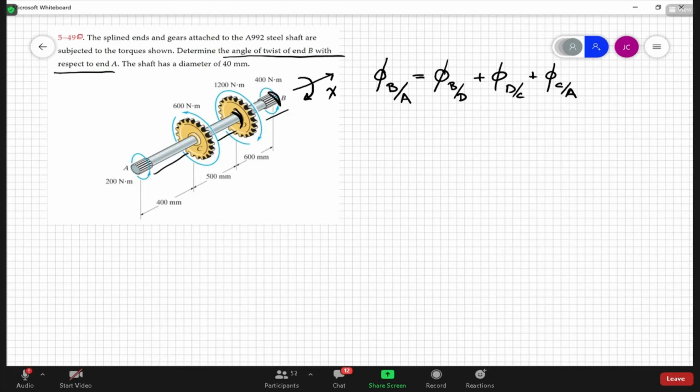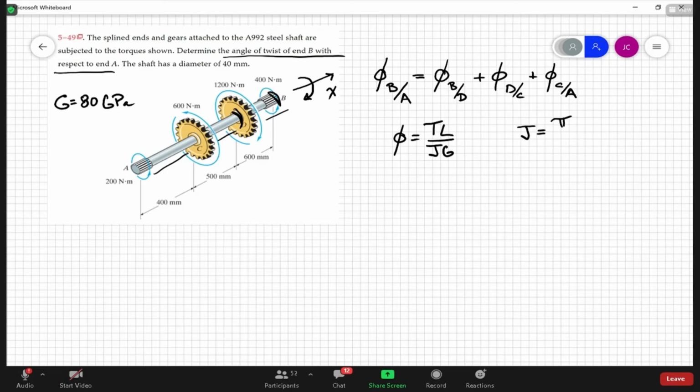All right, so for each one of these, the angle of twist is TL over JG. And this is steel again, so G is still the 80 gigapascals, right? And now J is going to be the same for all of them. It's solid. So J for all three sections is going to be the J for a 40 millimeter outer diameter, right?